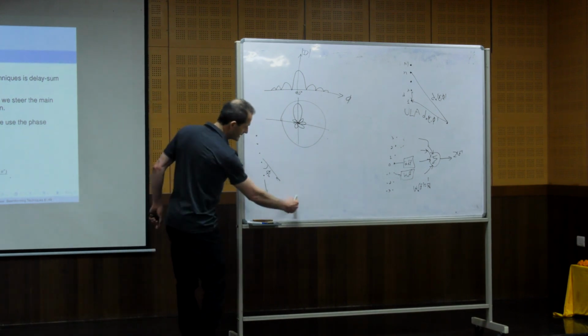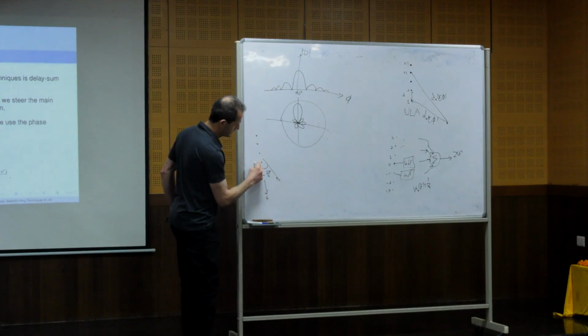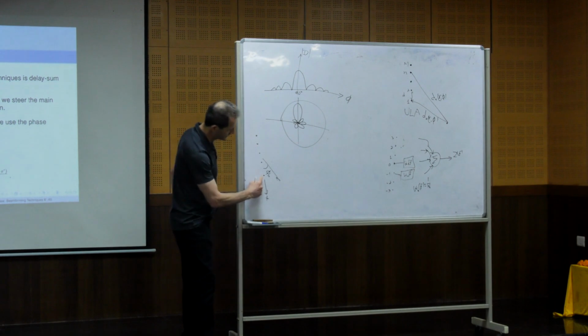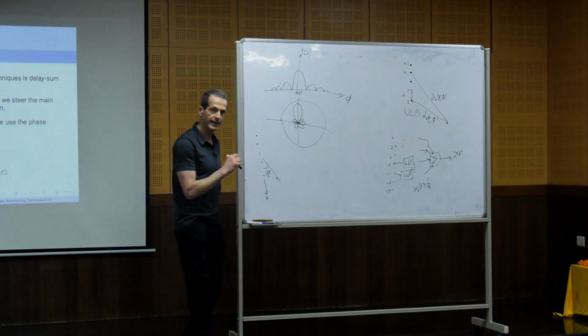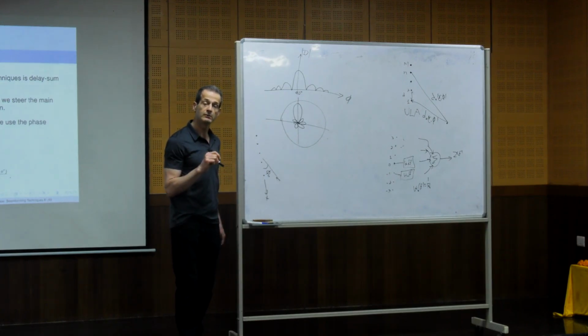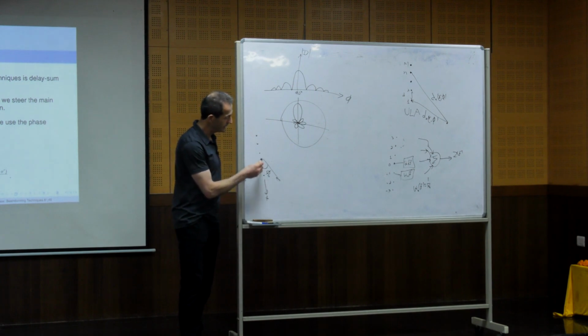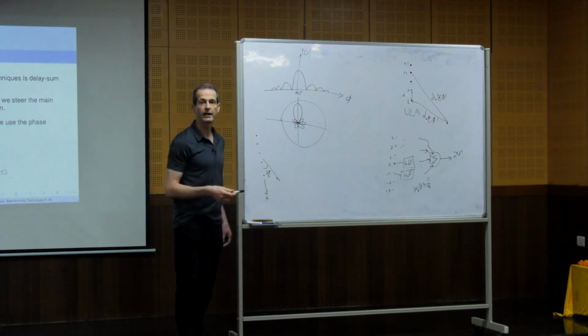You see the signal measured in each sensor comes with a certain delay. First it hits this one, next this one, next this one, and so on. And we know exactly the delay. How do we know? Because we know the configuration of the array.